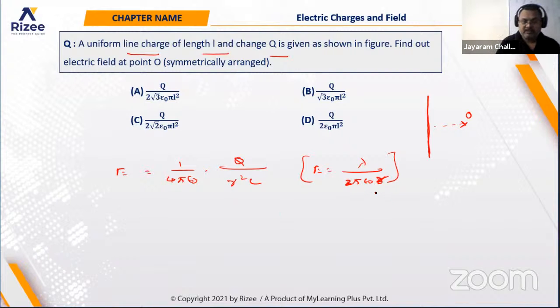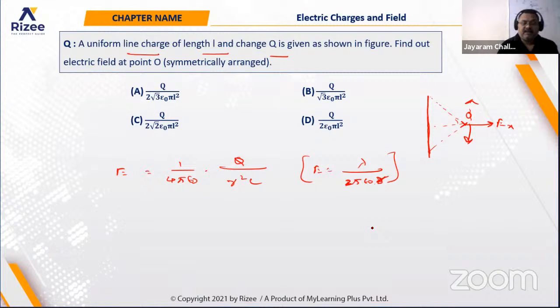So this will be E is equal to lambda by 2 pi epsilon naught r, where the length of the wire is L. We don't know at which particular point it is, whether the length is finite or not. If it is at a point, the electric field will have two components: one horizontal, Ex, and another vertical, which can be downward or upward. So the net electric field in the vertical direction will obviously be zero.